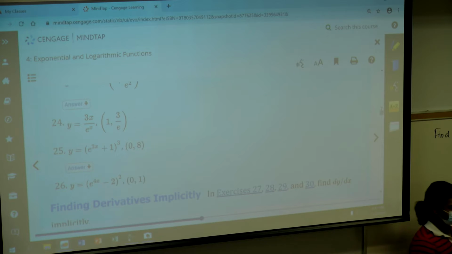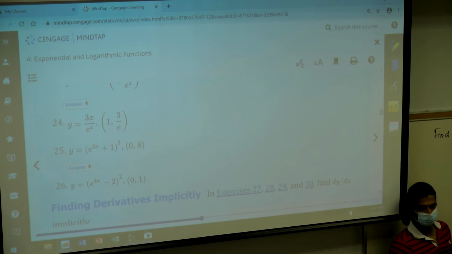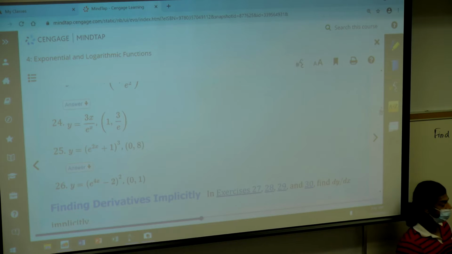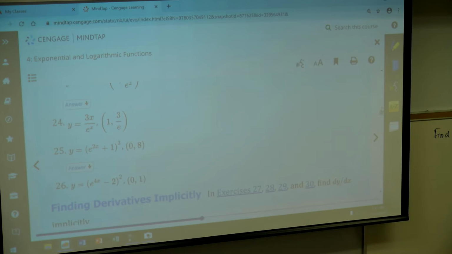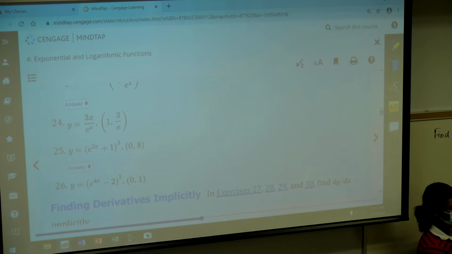What is the next step? Take the derivative of the inside.